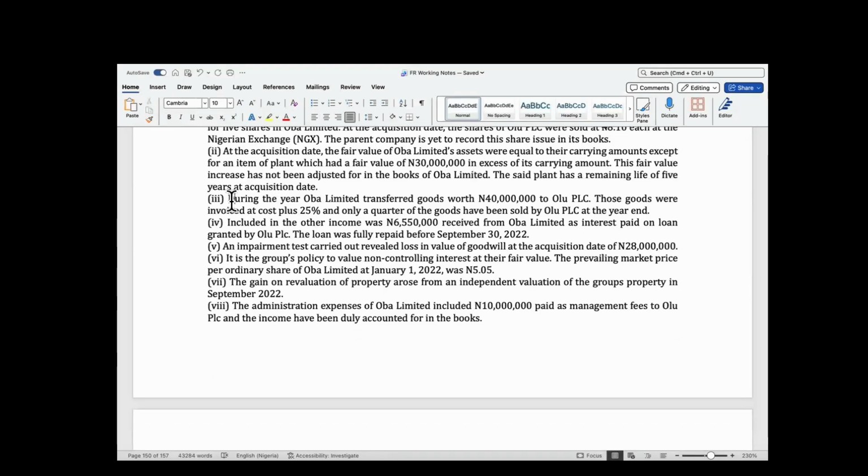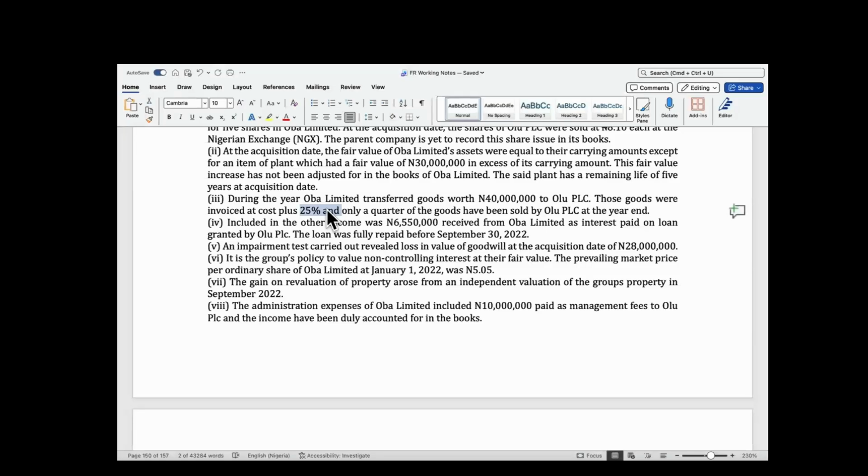Note 3 says during the year, Oba Limited transferred goods worth 40 million to Olu PLC. These goods were invoiced at cost plus 25%, and only a quarter of the goods had been sold by Olu at the end. All right, so these intra-group sales of goods will be eliminated. We eliminate them from the sales and purchases of the parties. Additionally, we are also going to eliminate the unrealized profit. This is cost plus, so this 25% is a markup.